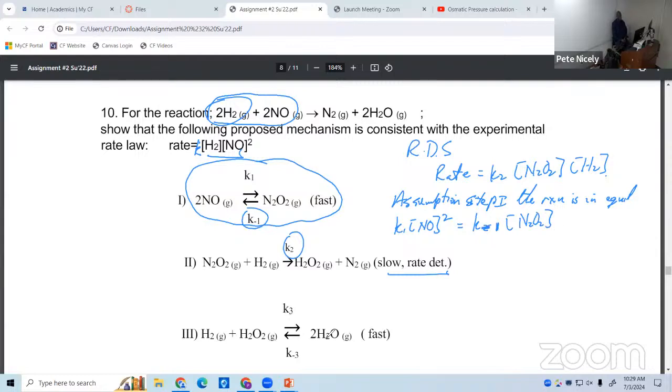So that is the equation based on the assumption that that particular first reaction is proceeding in both directions at the same rate. In other words, in a state of dynamic equilibrium.